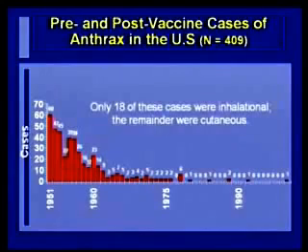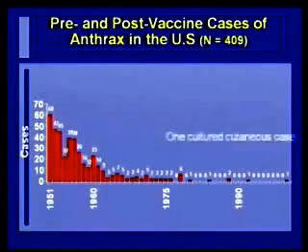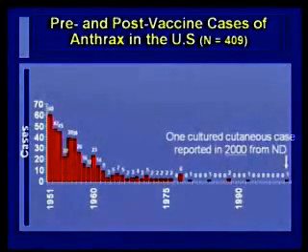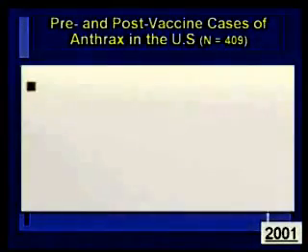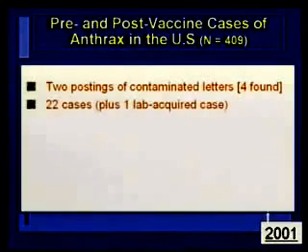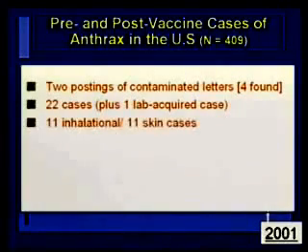Inhalation. And then what happens is one cutaneous case reported in 2000, and the following year, 2001, 2 postings of contaminated letters, and 4 were found contaminated. 22 cases, plus 1 lab-acquired case, 11 of these inhalational.